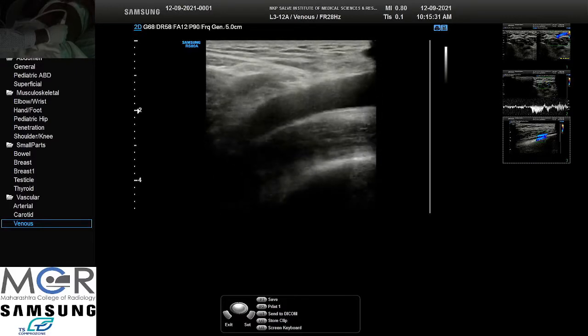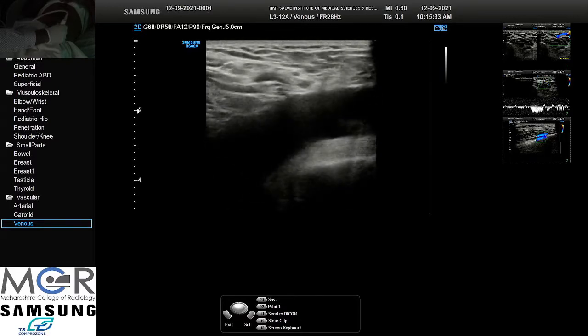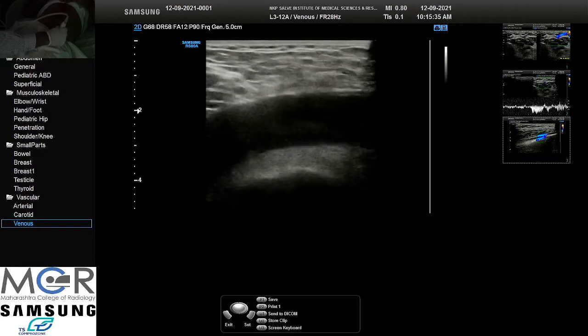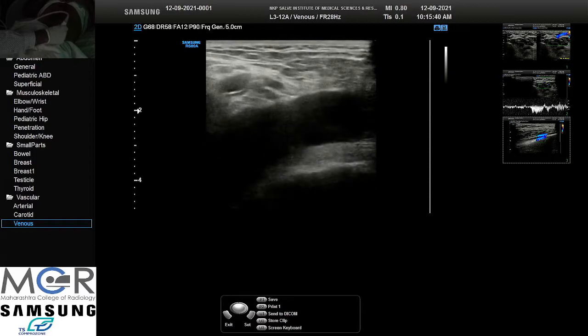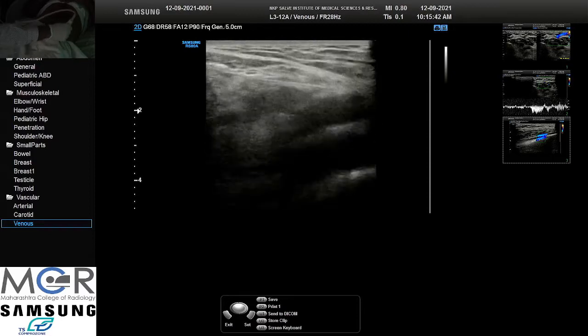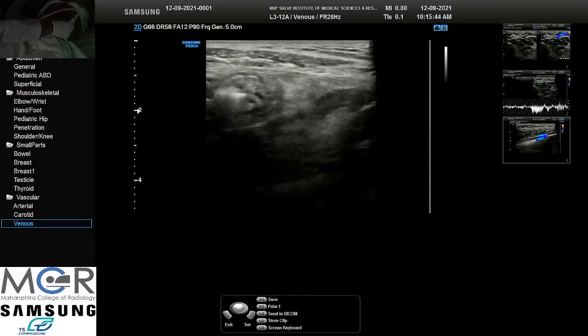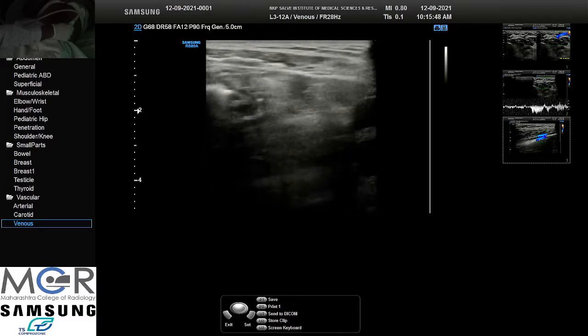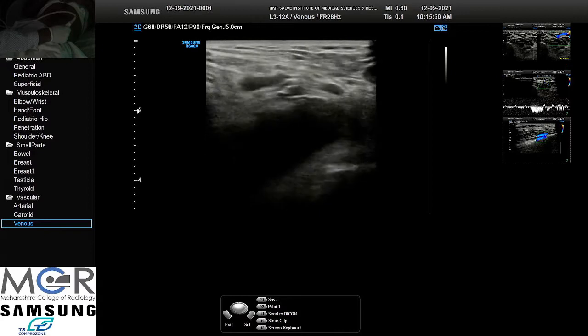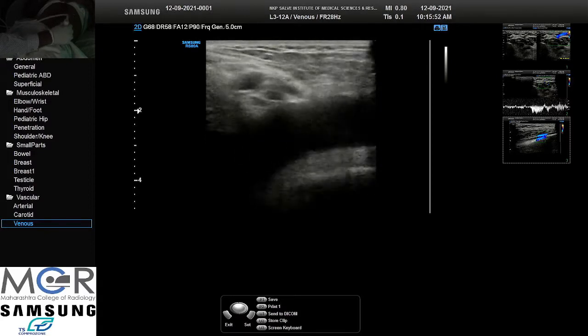This is the long section. This is artery laterally and the vein is medially. Can see a large vessel coming from below the anterior abdominal wall, and this is entering it here.